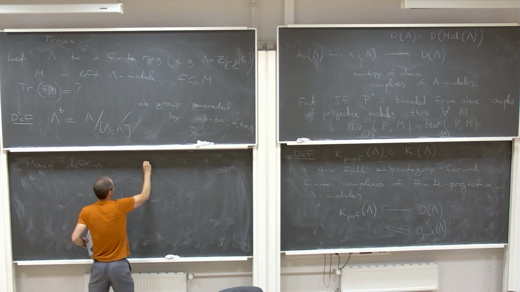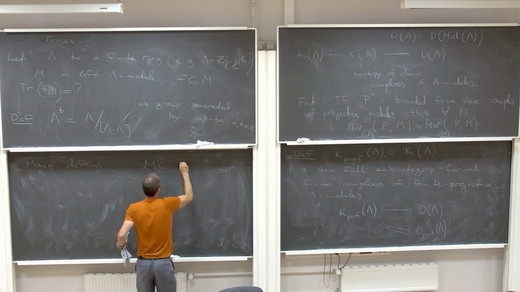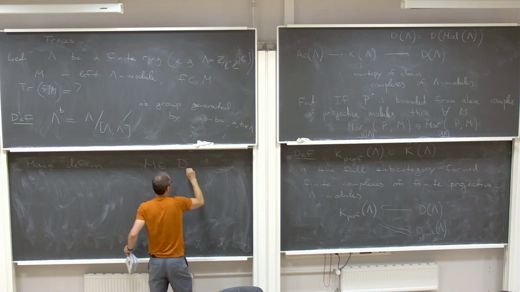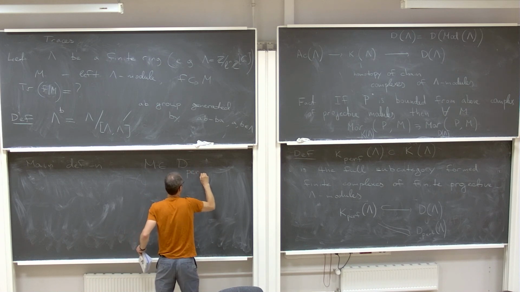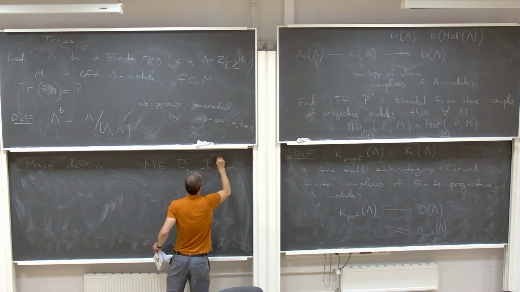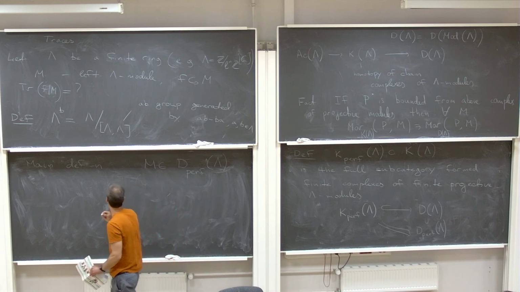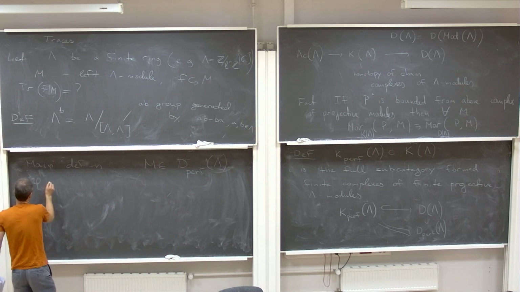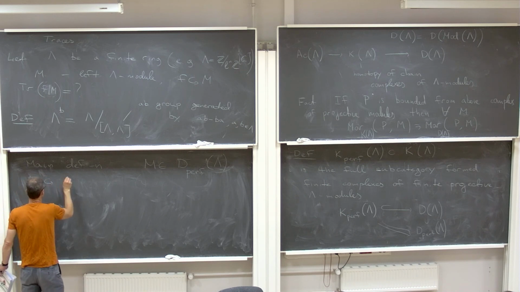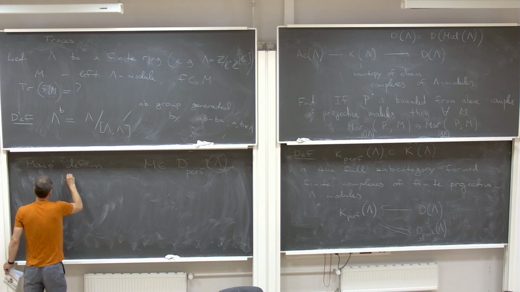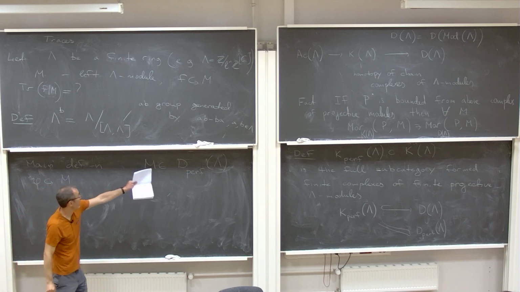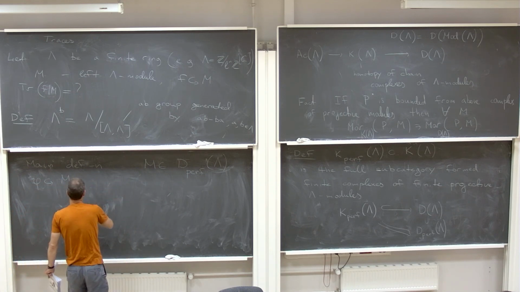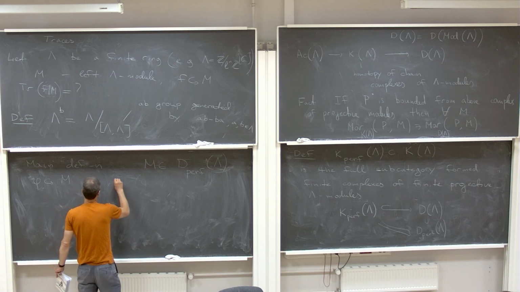Suppose you have M, which is perfect, and you have an endomorphism, an endomorphism in the derived category. I will define a trace.